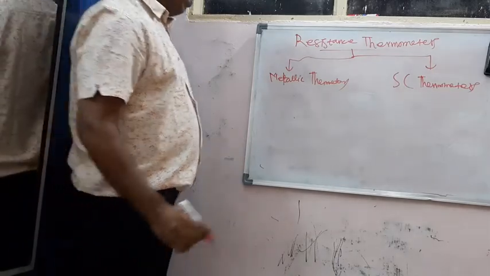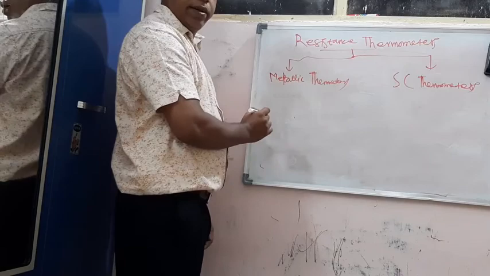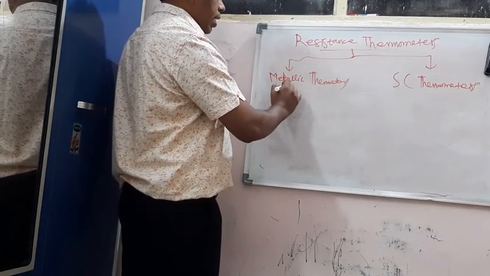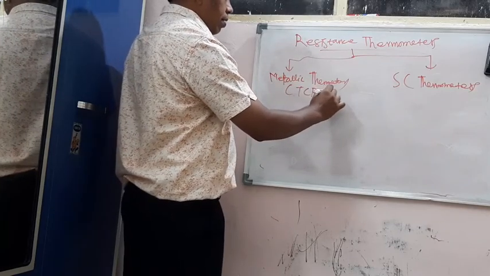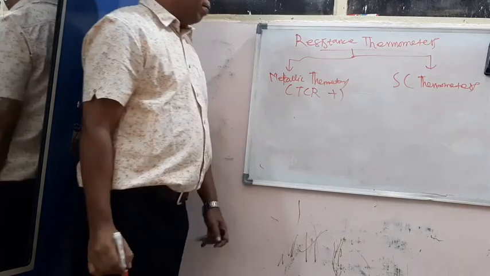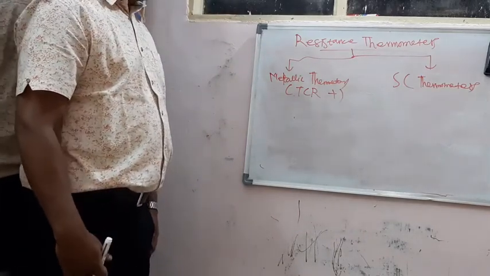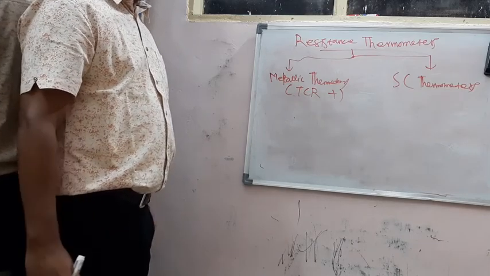As you all very well know, in the case of metals, TCR is positive. Temperature coefficient of resistance is positive. It means when temperature increases, resistance also increases.